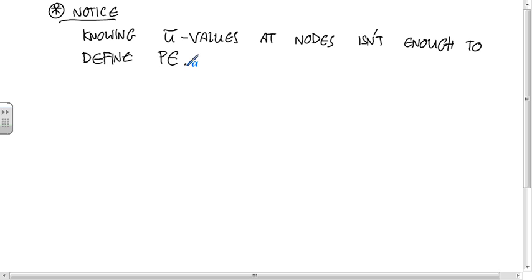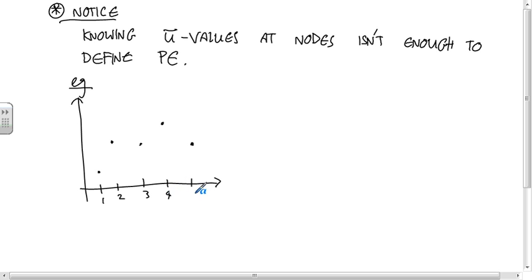And you can see it if you think of it like this. Say these are your nodes. So this is node 1, 2, 3, 4, 5.